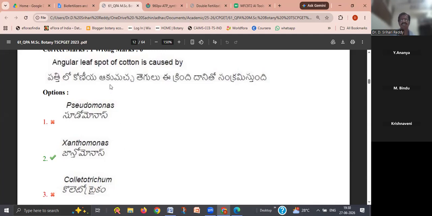So they may ask, particularly, Xanthomonas malvacearum causes angular leaf spot disease, also called black arm disease in cotton. So you should remember all the pathogen names, particularly Xanthomonas malvacearum, Xanthomonas oxonopodis citri, Xanthomonas oryzae, and what diseases they cause.